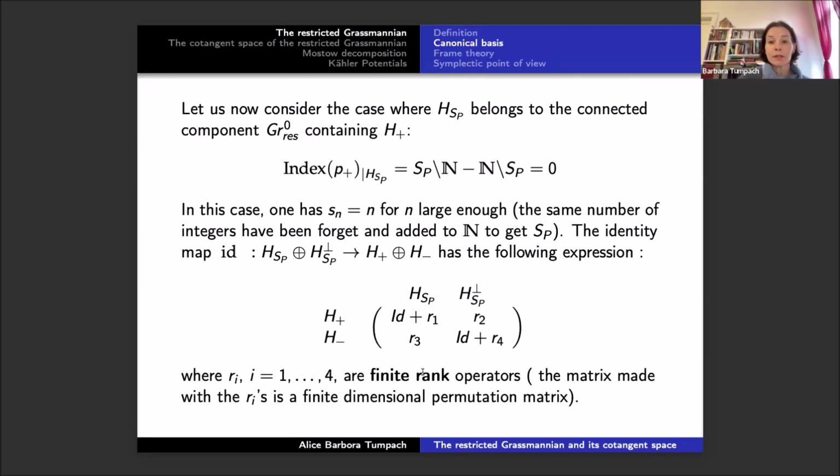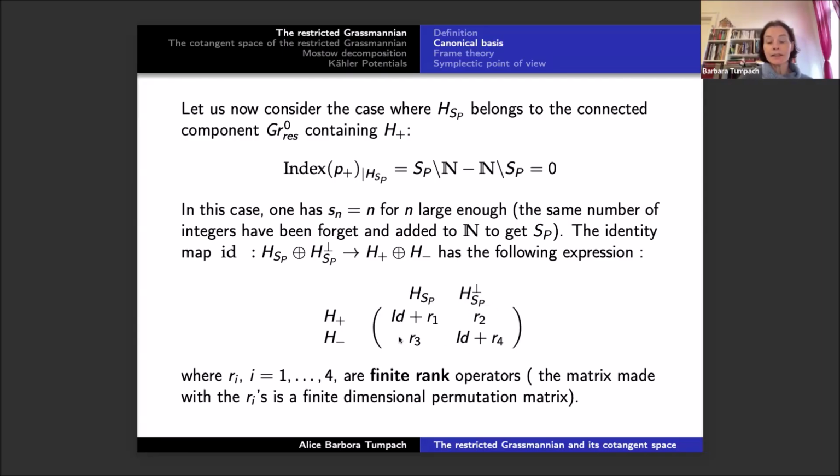And so if you write the identity operator in block form with respect to two different decompositions, first we decompose H into the direct sum of HSP and its orthogonal. And for the range, we just use the decomposition H plus plus H minus.